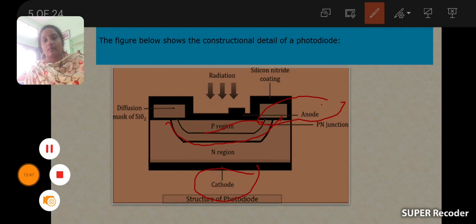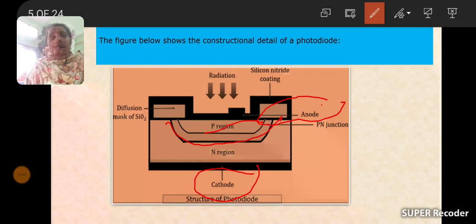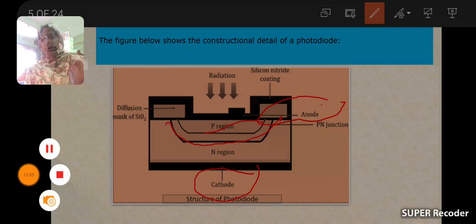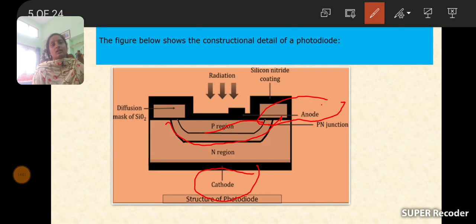And see here, the P-type has majority charge carriers holes, this is called anode. And the N-type region has majority charge carriers electrons, so it is called cathode.